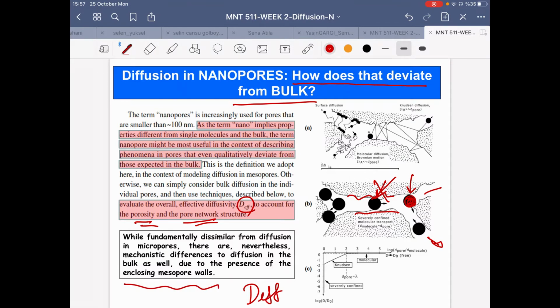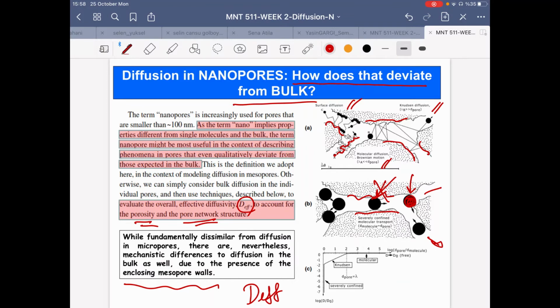Okay, so this slide and this figure tell you three things. This is my porous wall, and you can see three mechanisms here. There is Knudsen diffusion, surface diffusion, and molecular diffusion. Molecular diffusion, as you can see, is when your molecule is small and traveling without hitting the walls.